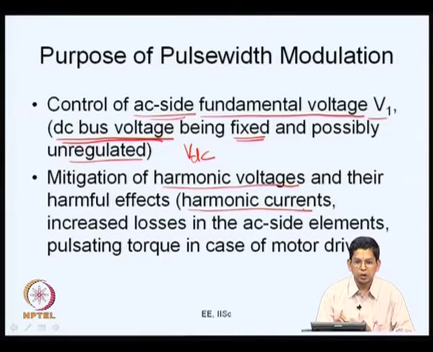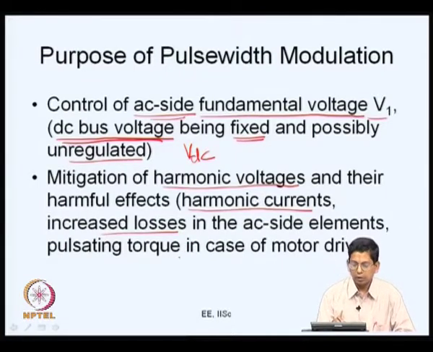These harmonic currents will flow on top of the fundamental current through all the line side components. It could be a line side inductor or it could be an induction motor, whatever it could be. These are going to increase the losses, and sometimes the core losses in those reactive elements and the motor can also increase. So, as an effect of the harmonics, the losses are increased.